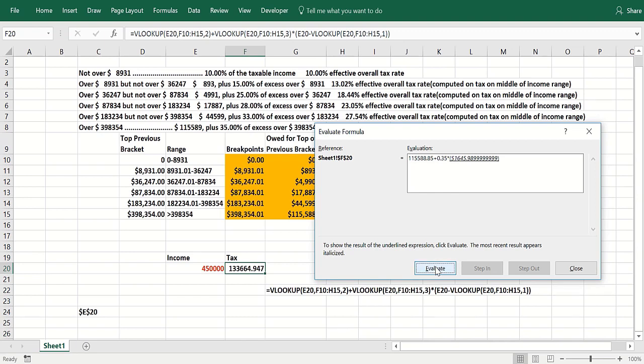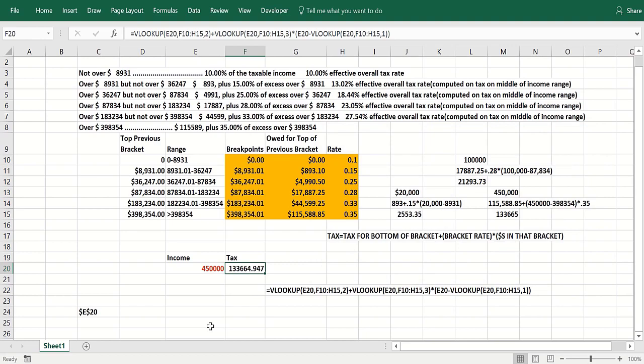And then if you evaluate, it's going to get your tax here. 115 plus 18,000, which is what you're going to owe on that excess over 398, and that turns out to be 133,665. So that's how you can use VLOOKUPs to do your taxes.